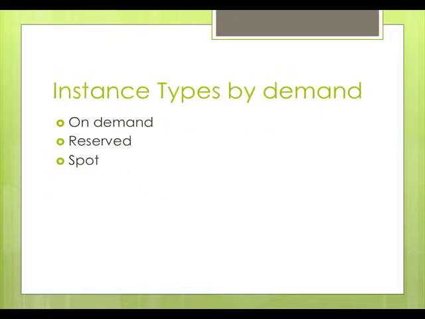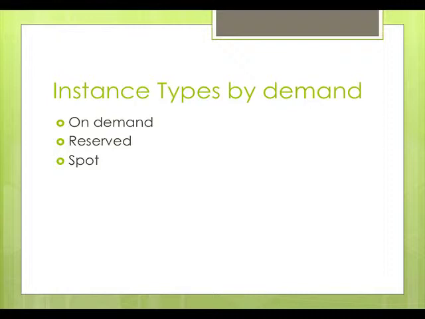So what are instances? Instances are basically computers. And what are the classifications of these instances that Amazon has? It's on-demand, reserved, and spot. On-demand is you pay right now, a price as low as 8.5 cents an hour for a Linux box, and I believe 11 or 12 cents for a Windows box.